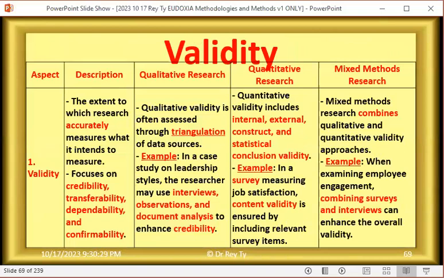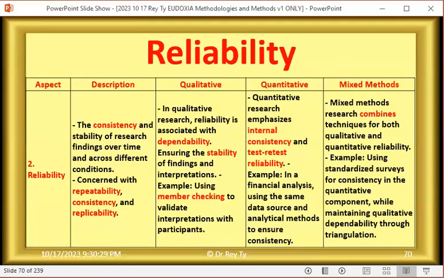In qualitative terms, you have to use different methods, combine them. It's called triangulation, using different sources. In quantitative research, the vocabulary would be internal validity, external validity, construct validity. But in a mixed method, you use a quantitative vocabulary too.